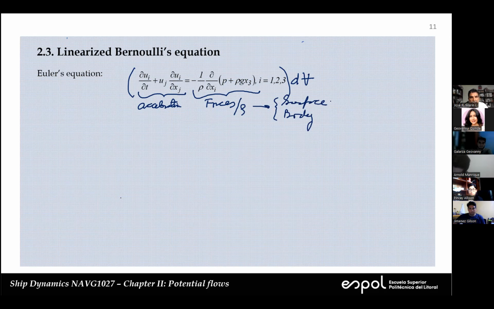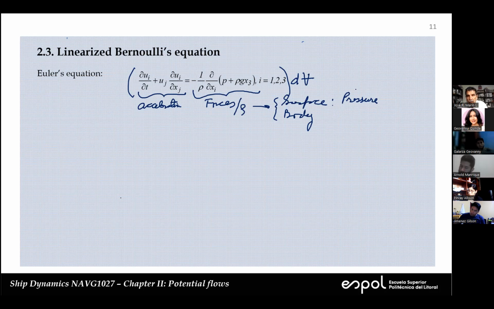In the case of the surface forces, we only have pressure. There is no viscosity. So please remember this: in this equation, no viscosity. So we are consistent. Laplace means no viscosity, irrotational. Here, Bernoulli's either, there is no viscosity applied.